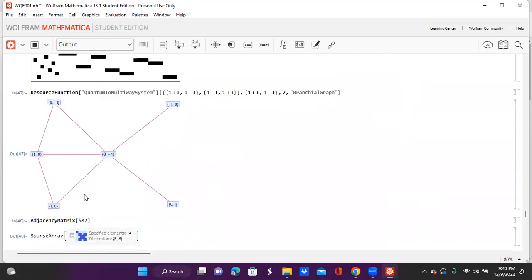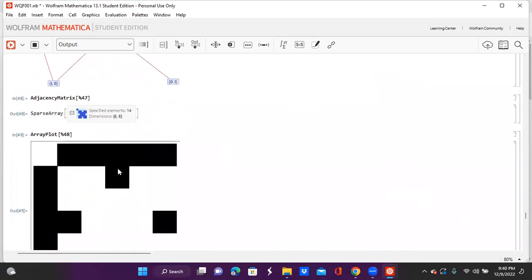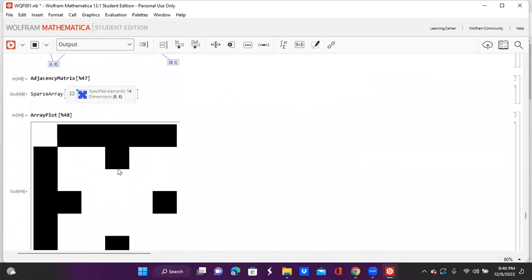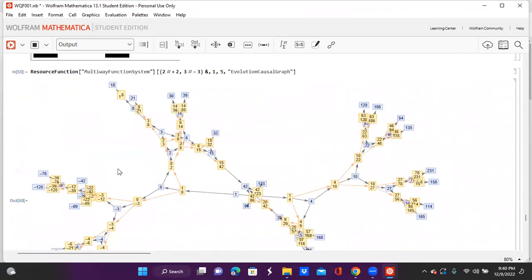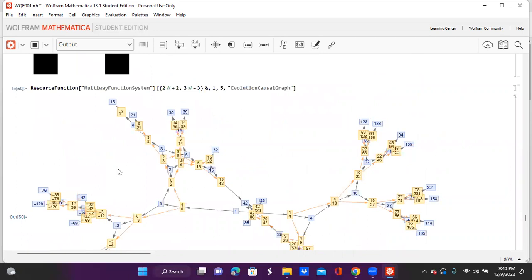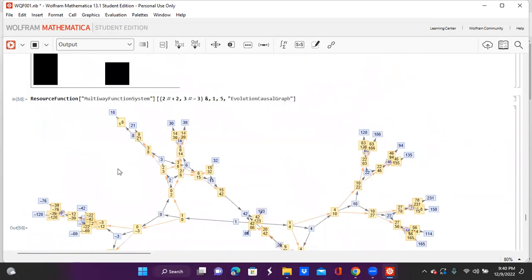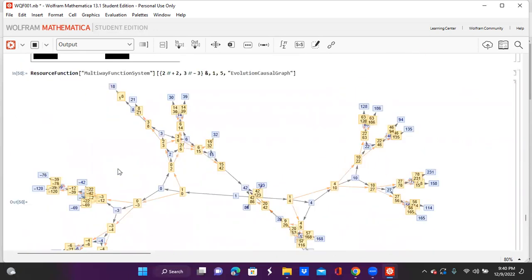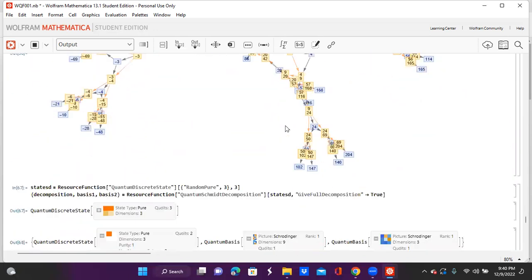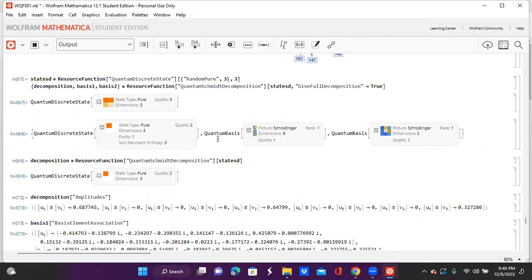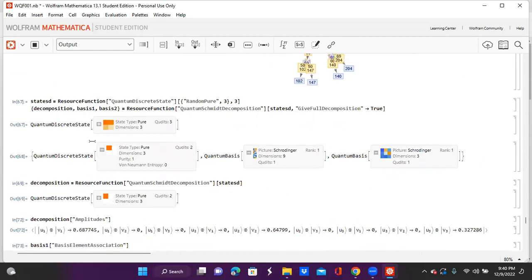Here's good examples of operators. Another multi-way system causal graph. Here's a Schmidt decomposition.